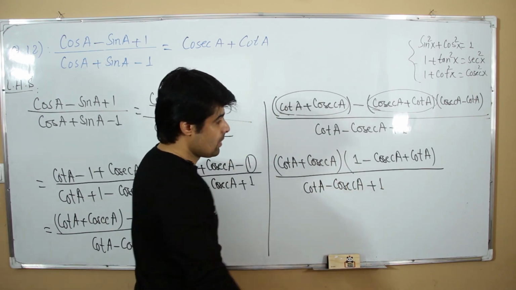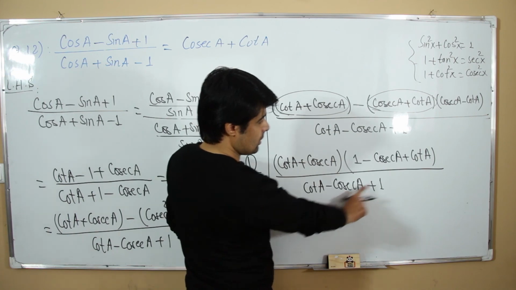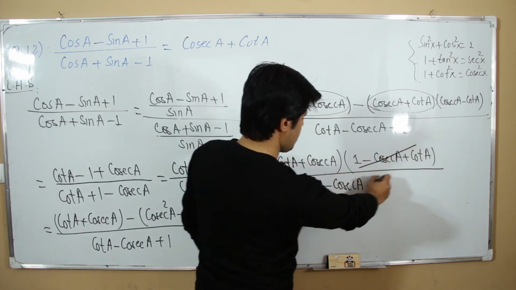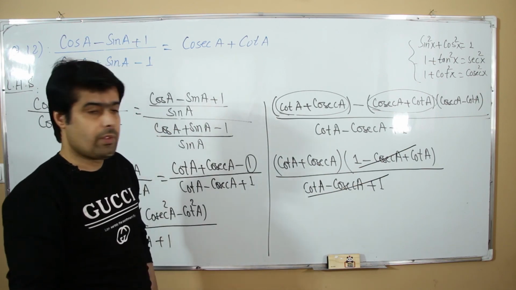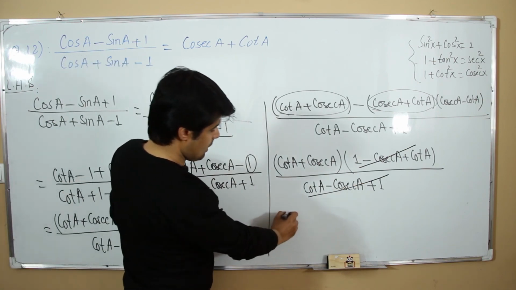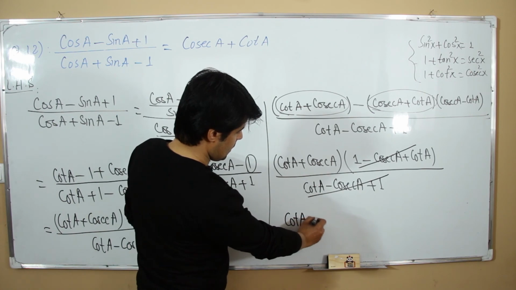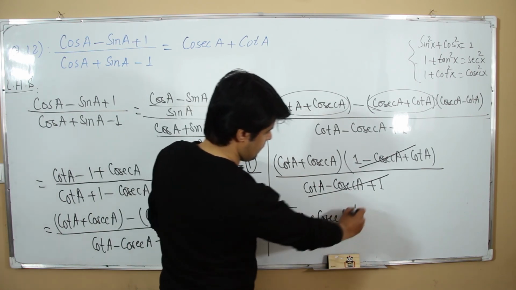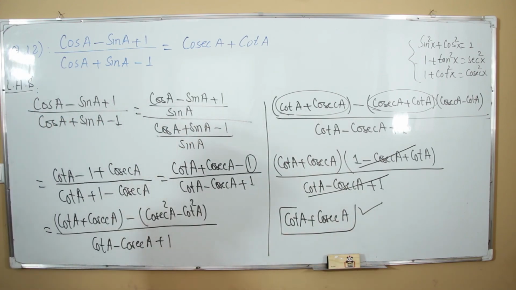Now listen, minus cosecant plus cotangent and plus 1 plus 1, this is same with this one, so we can cancel. Now our answer is cotangent a plus cosecant a. Write it please.